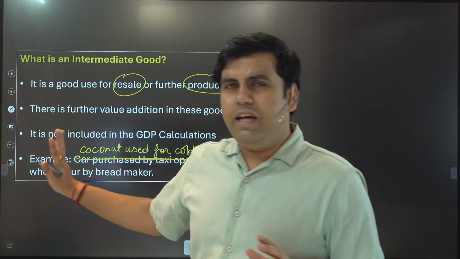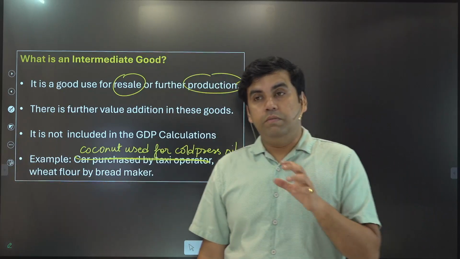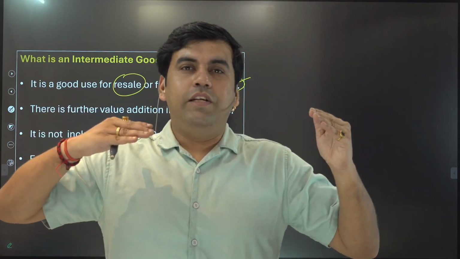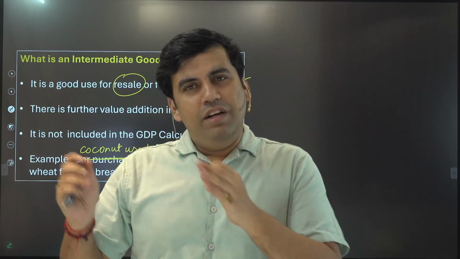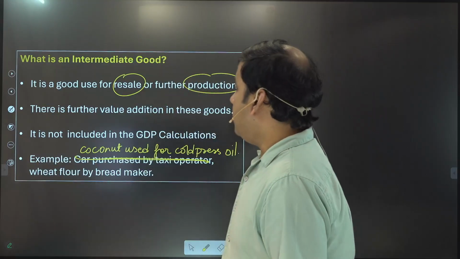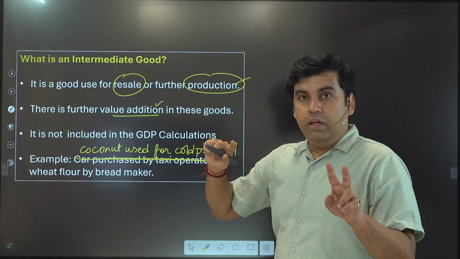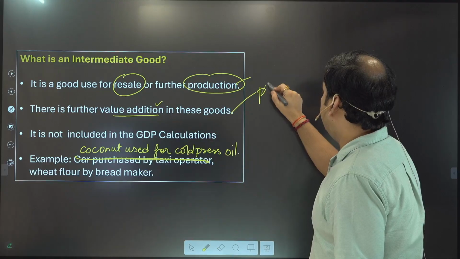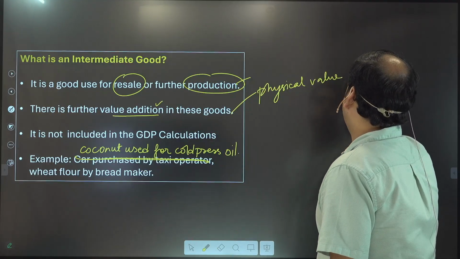I had written that, but I cut it out to simplify things. So when you talk about percentage, further production will have like 80 to 90% weightage. Resale will have a small weightage in terms of intermediate goods. There is further value addition. Now value can be both physical value addition and monetary value addition. Physical value addition, right?